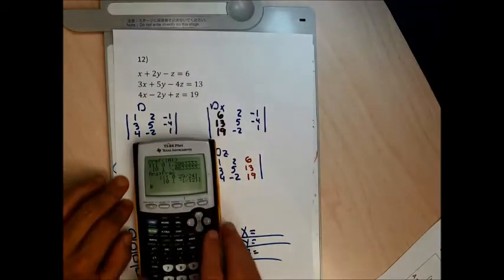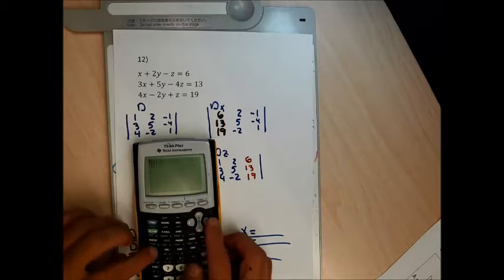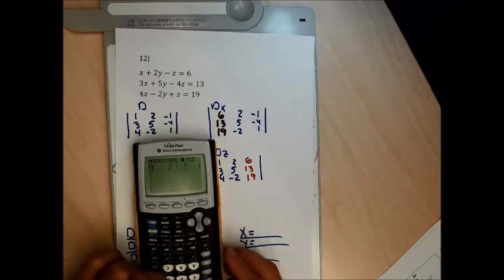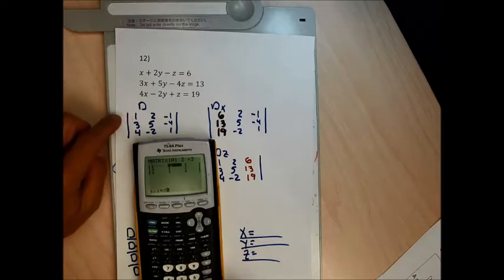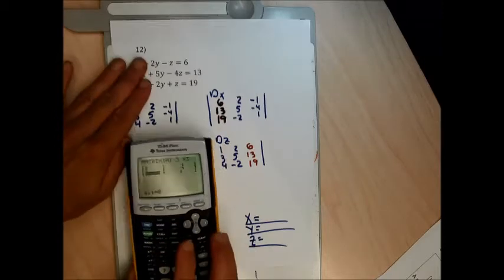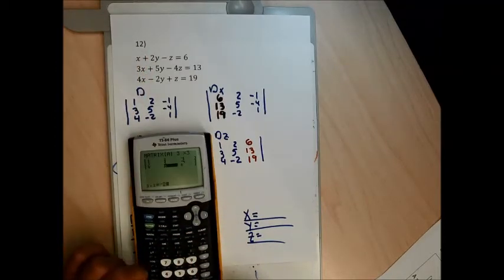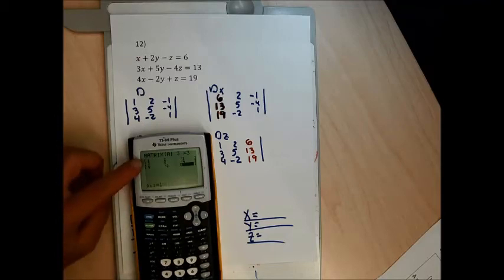To get D, I'm going to enter this matrix by going second matrix, edit, and typing 3 by 3, because it's a 3 by 3 matrix, and just going 1, 2, negative 1, 3, 5, negative 4, 4, negative 2, and 1. Double check. 1, 2, negative 1, 3, 5, negative 4, 4, negative 2, 1.